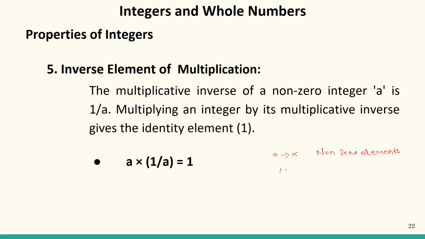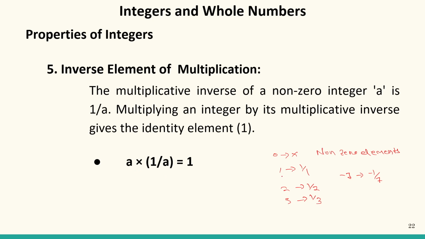For 1 it will be 1 by 1, for 2 it will be 1 by 2, for 3 it will be 1 by 3, for minus 7 it will be minus 1 by 7. So for a it will be 1 by a, given that a is not 0.